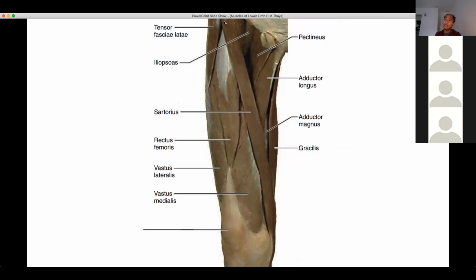It is oblique, running from the lateral anterior superior iliac spine to the medial aspect of the knee, and it will come and attach to the medial aspect just below the knee. That is sartorius. So medial aspect of the sartorius is adductor group. Lateral aspect of the sartorius is the anterior and lateral aspect, which is the quadriceps femoris group.